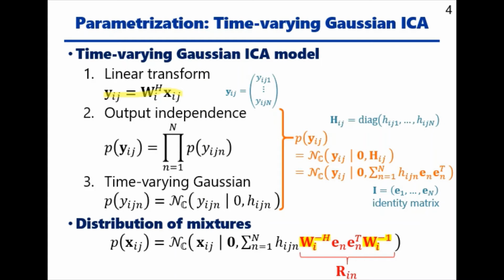The second one is output independence. The separated signals Y are independent as shown in this equation. The third one is the time-varying Gaussian distribution. Each separated signal is modeled by the time-varying Gaussian distribution. By using this model, we can derive the parameterization.